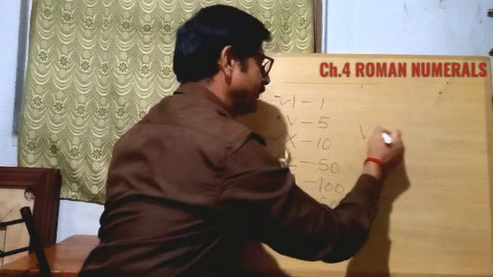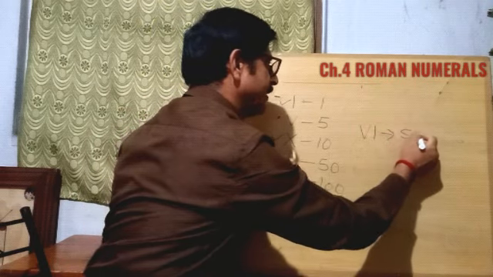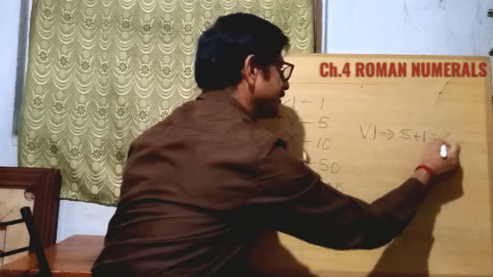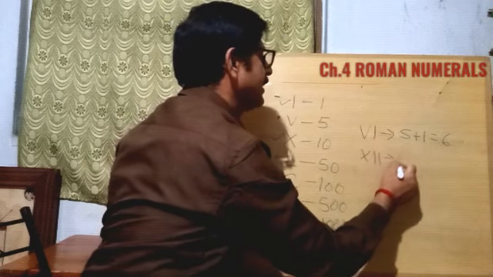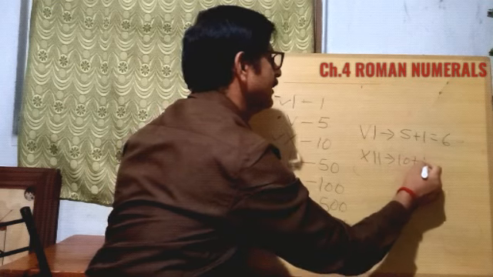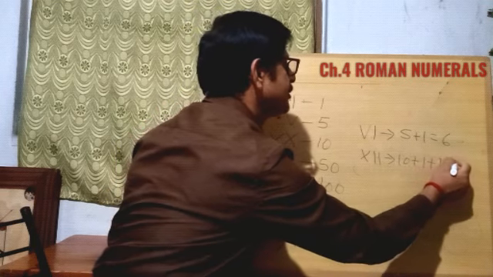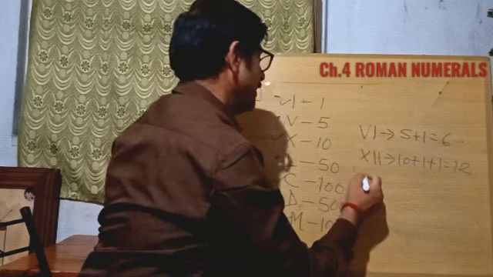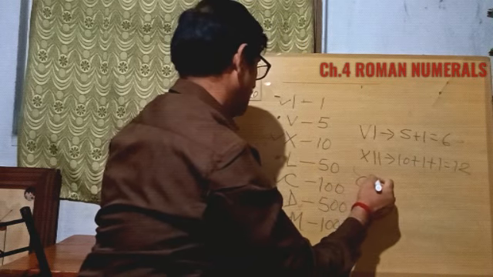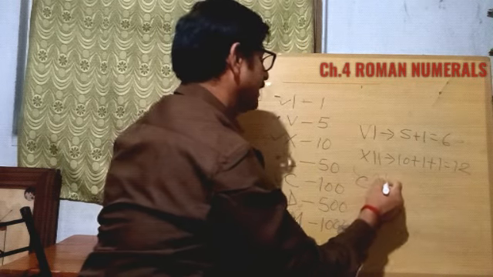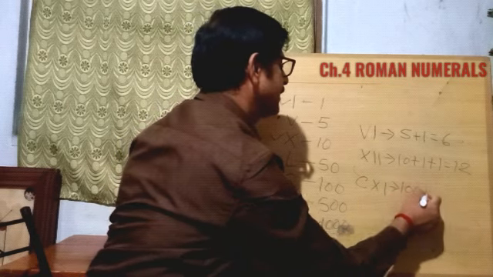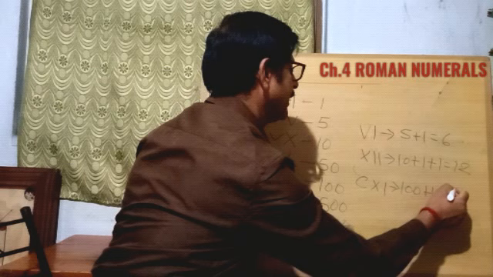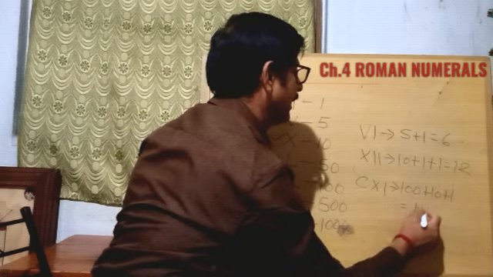It is 5 plus 1, that is 6. XII, that is 10 plus 1 plus 1, that is 12. CXI, this is 100 plus 10 plus 1, that is 111.